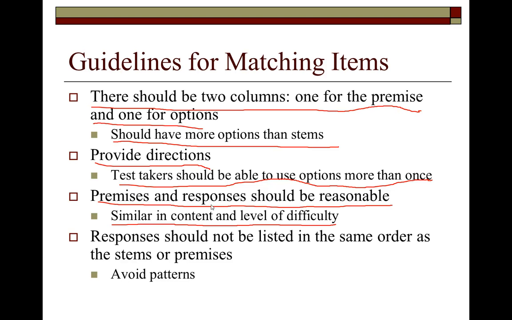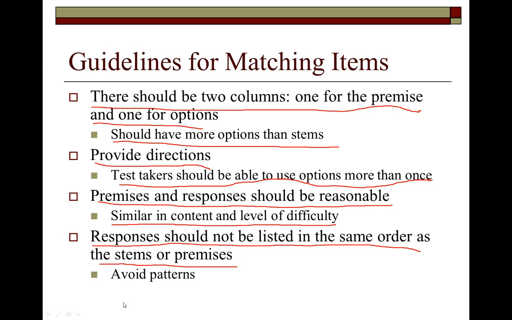And finally, your responses should not be listed in the same order as the stems or premises. You know, you go 1, 2, 3, 4, 5 down the stem column, and then you go A, B, C, D, E on the options column. You don't want those things to match up one to one. You want them to have to search through one column in the options level to find the right answers. So try to get yourself some kind of randomness there.